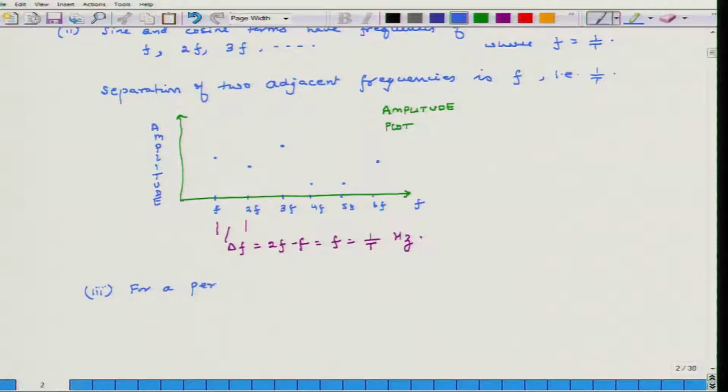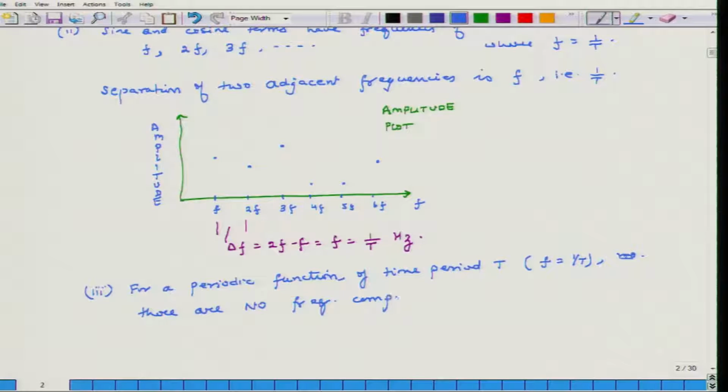For a periodic function of time period T, and we define f equal to 1 over T, there are no frequency components between, let us say, nf and (n minus 1)f. Okay. There are no frequency components.